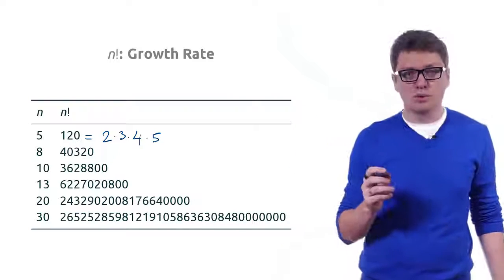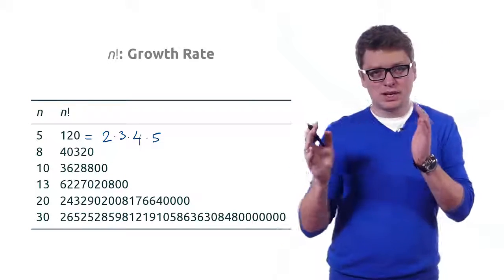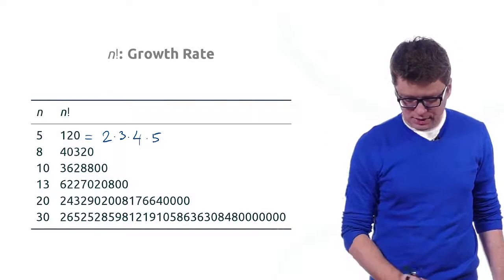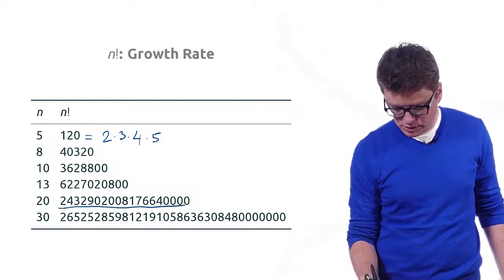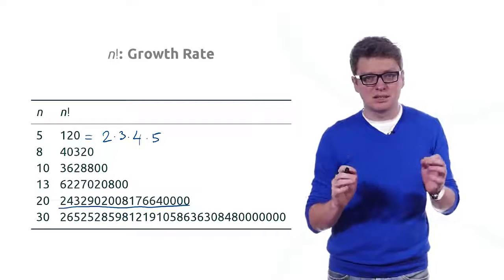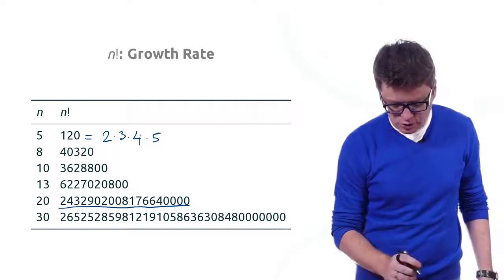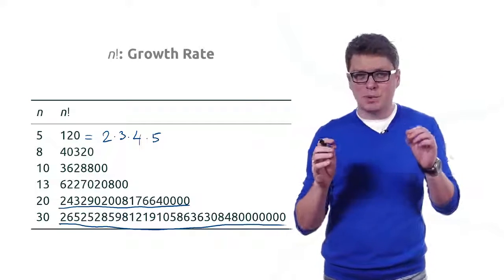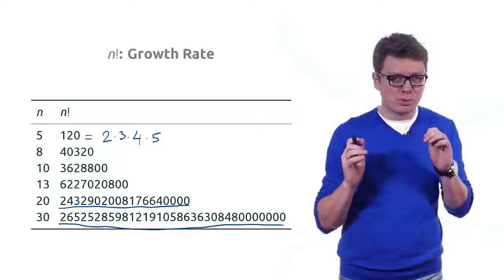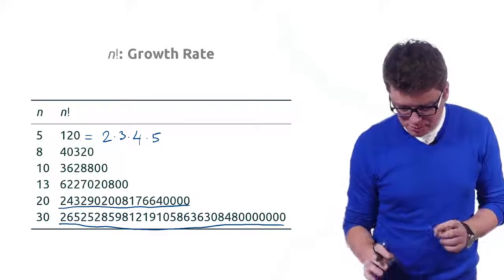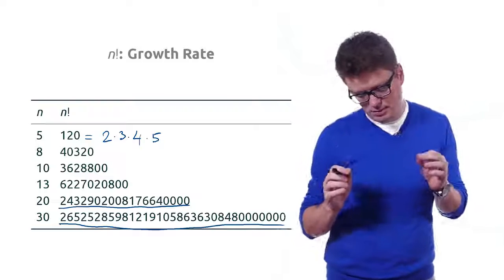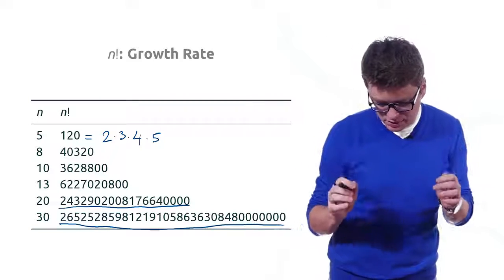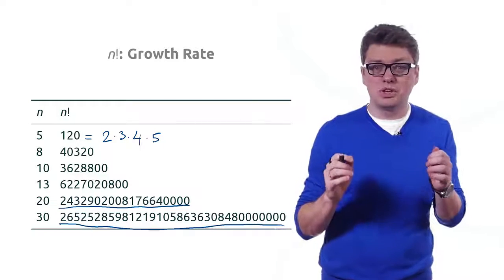However, when n grows, n factorial gets larger and larger. For example, already when n is equal to 20, 20 factorial looks like this, so definitely more than 10 decimal digits. And when n is equal to 30, n factorial is a huge number. Our modern laptops are not able to perform so many operations, not in a second, and not even in an hour, or even in 1 year.